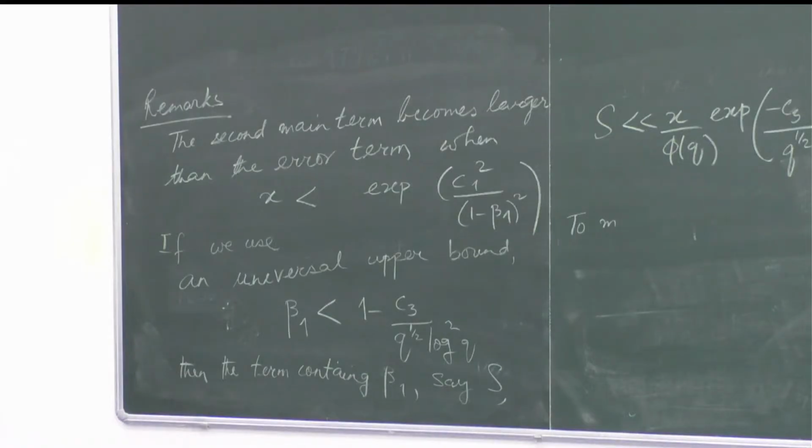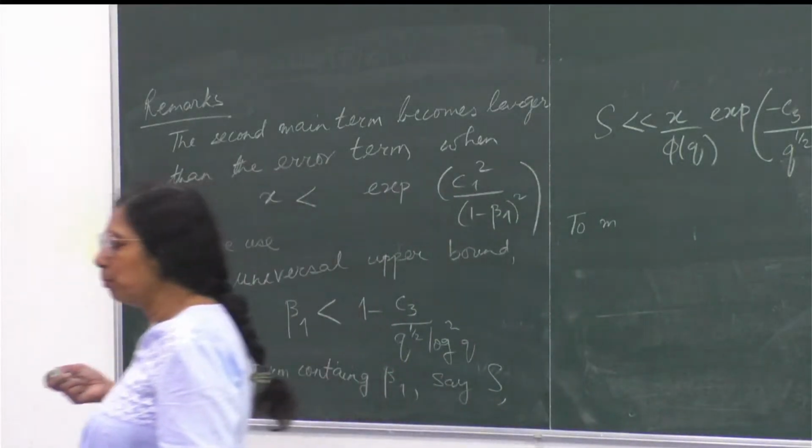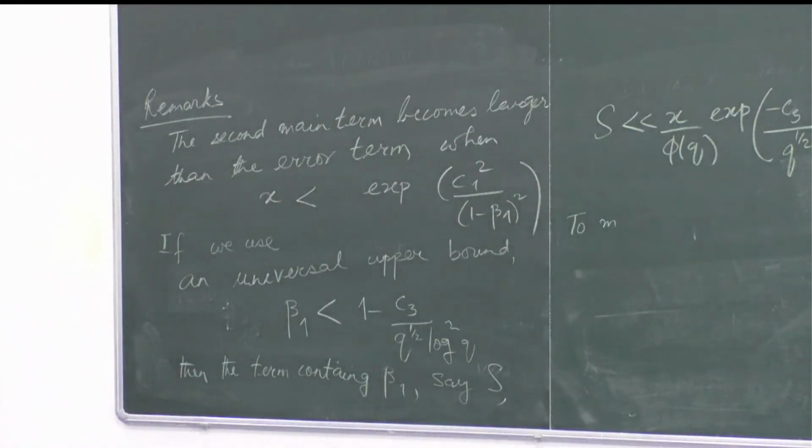You want it to be an error term when you say that. You can always write an error term, but it may not be an error term. An error term makes sense only if it is smaller than the main terms. We can always write an error term. Nobody stops you from writing an error term. Is it really an error term? That's the question, and that's what you want to control.